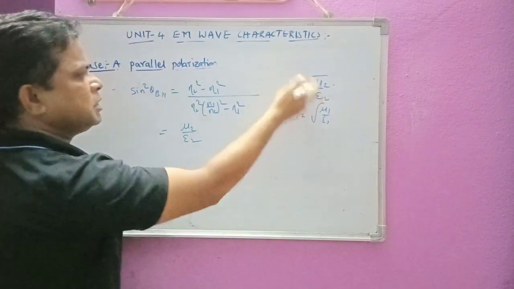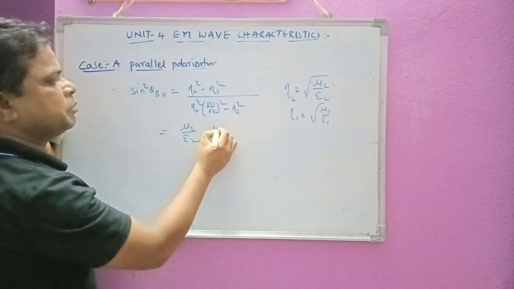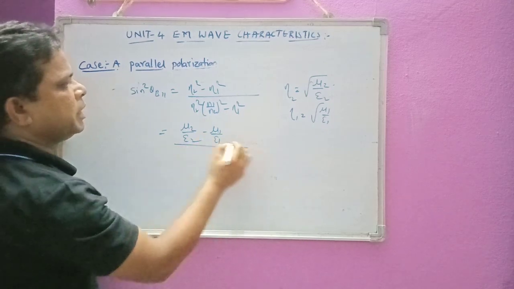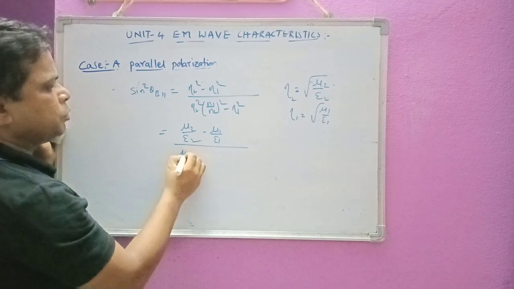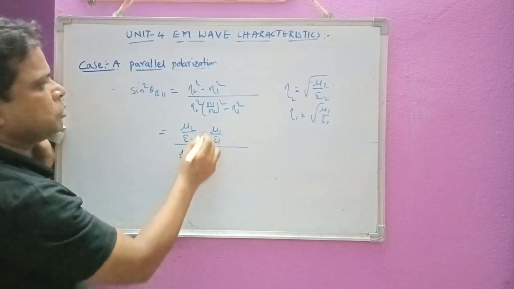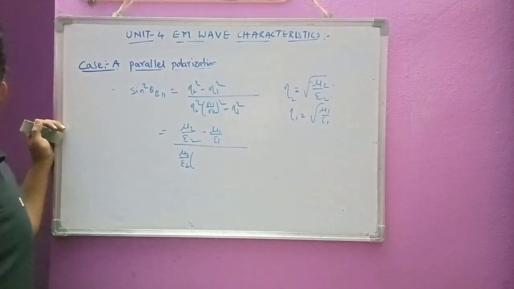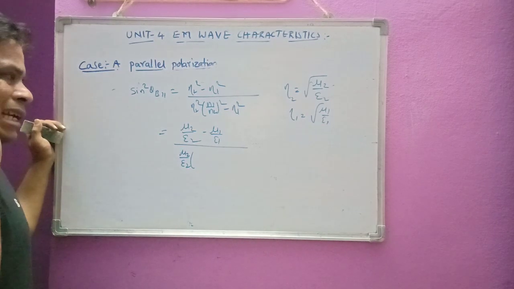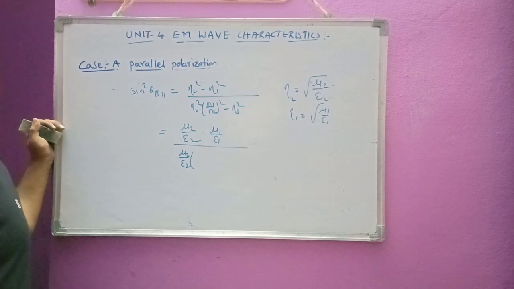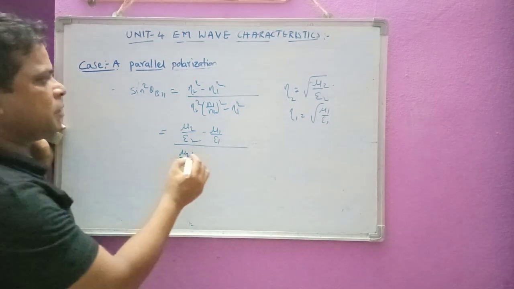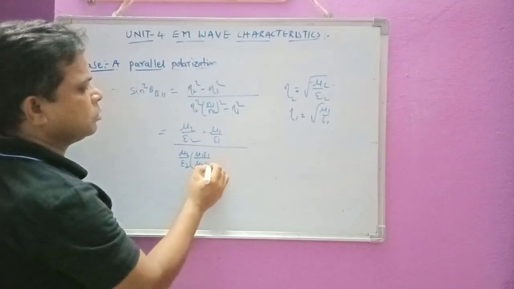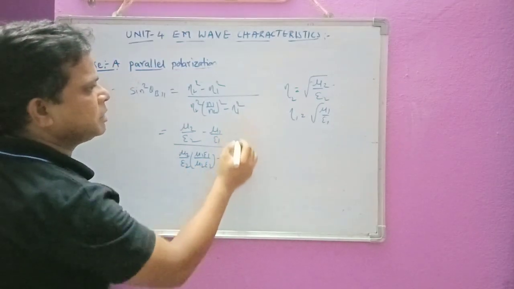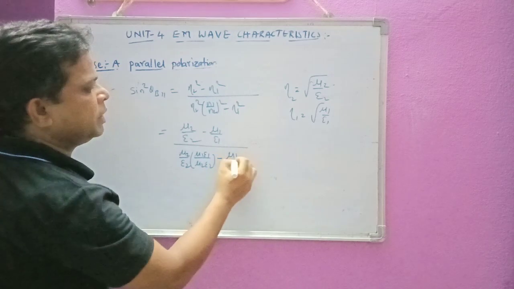Since we need the square, it will be mu 1 by epsilon 1 by mu 2 by epsilon 2 into (n1 by n2) square. N1 and n2 we already know, n1 is related to mu 1 epsilon 1 and n2 to mu 2 epsilon 2, minus eta 1, that is mu 1 by epsilon 1.